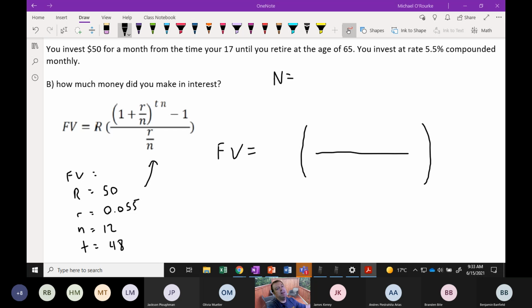Does anyone need the QR code for the TVM solver for them to practice on? Does anyone want the QR code so they can grab their phone and pull up that website? So they can practice with the TVM solver?